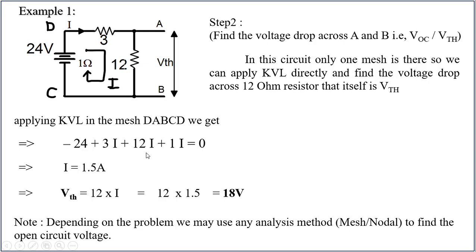On simplification, we get I as 1.5 amperes. Once we have the I value, the voltage drop across the 12 ohm resistor is V equals I into R. I is 1.5, R is 12. 12 into 1.5 is 18 volts. So we got VTH as 18 volts.